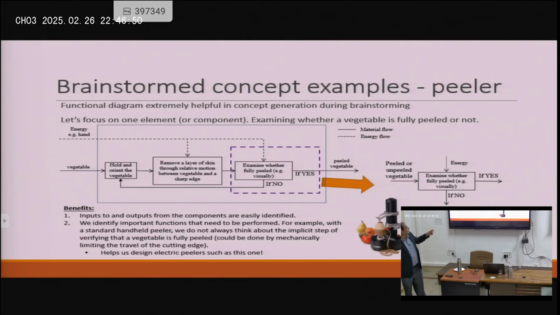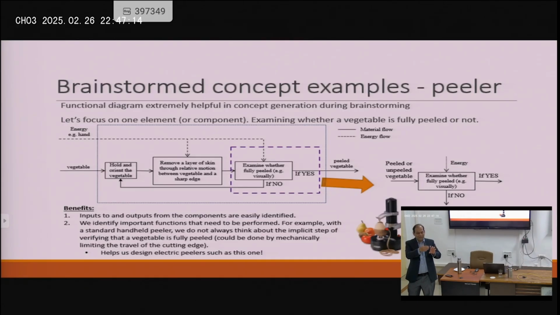If you want to make it really more optimal, the thing is that just because we paid attention to that, now we know that we have to have a way, if you automate it. Humans can be expected to know, yes, it's peeled or not, but a machine doesn't know. It'll keep peeling. So there's two solutions to that, to your point. I can have a mechanical solution that it peels, starts here, ends here as it's rotating, and that's peeled.